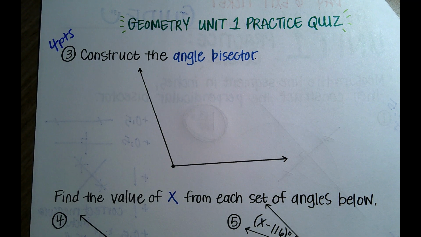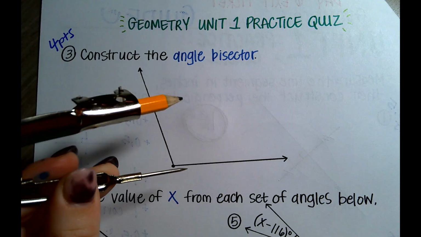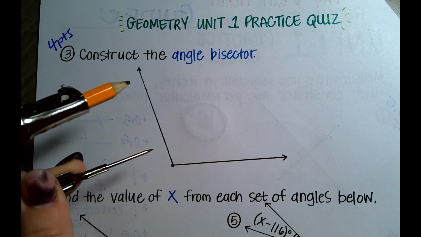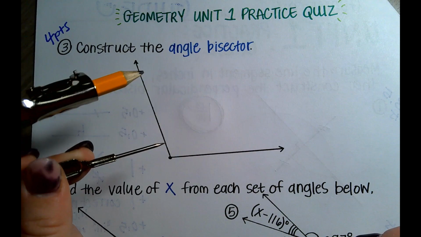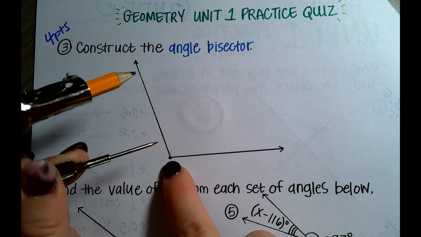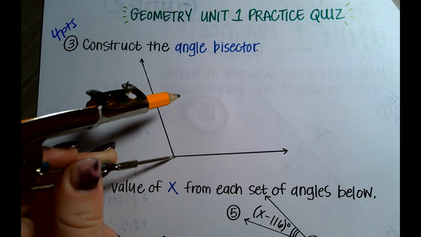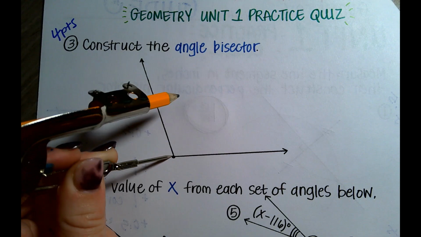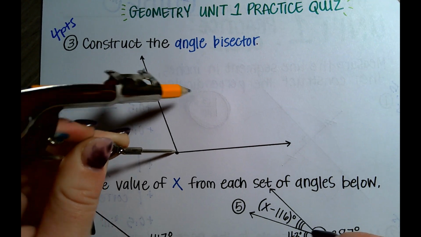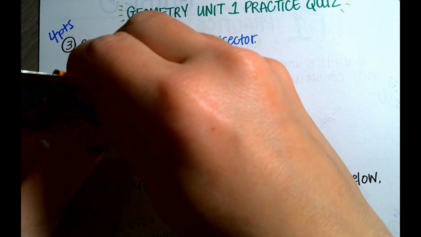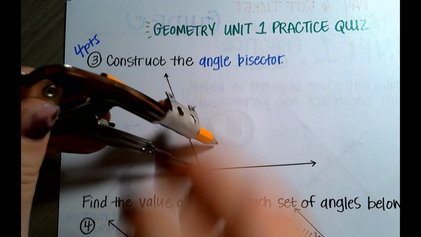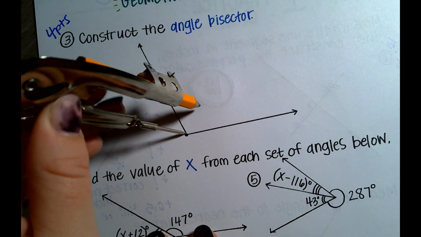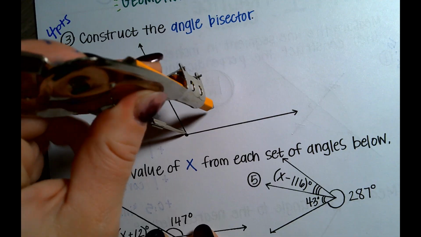Now, your very first step is to take the point of your compass, and where will I place it first? Yes, on the vertex. That's the first spot I put it on, is my vertex. And I like to do a smaller arc for angles, but at the end of the day, it really doesn't matter how big you do an angle.